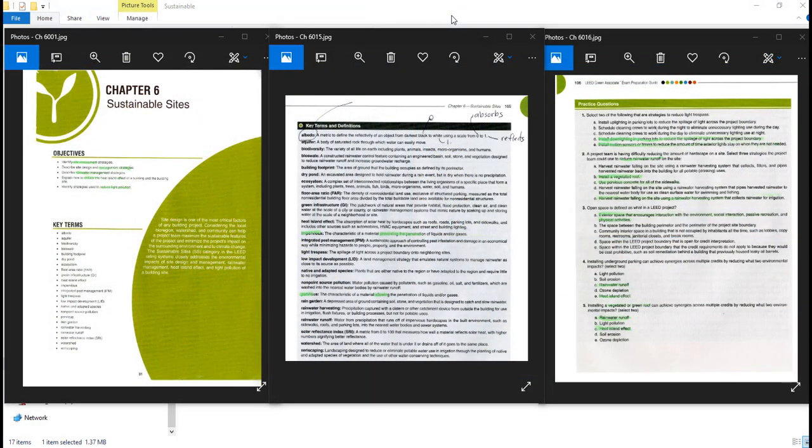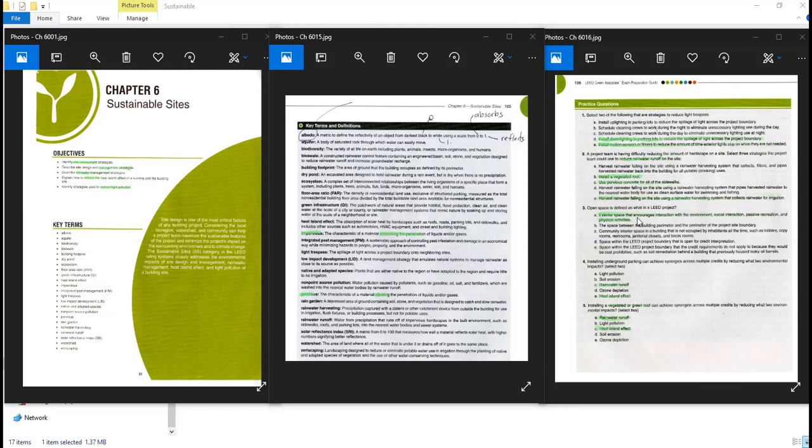Another great thing about this book, which is recommended by USGBC for taking the exam and a direct resource from them, is that the chapters have key terms, the objective and key terms for that chapter, along with the definition of those terms, and at the end of each chapter, practice questions.